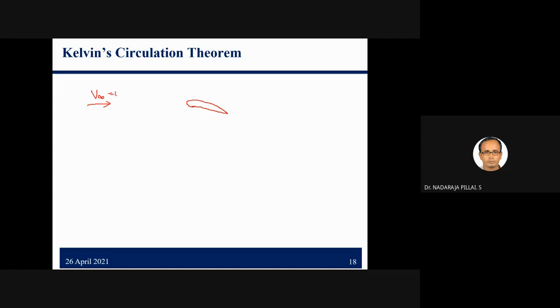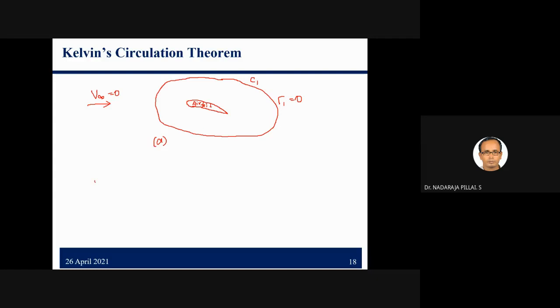Say now the v infinity is equal to 0. So I consider a closed curve C1. This is a closed curve C1. And now the velocity is 0. And this is the airfoil. And around the airfoil, if you say the circulation is 0, that means the fluid is at rest relative to the airfoil. This is case A.